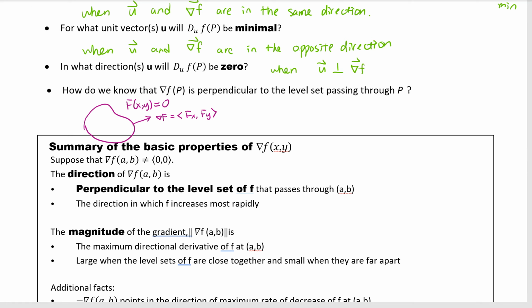Let's say the curve goes this way, and this is the tangent vector v. To show the gradient vector is perpendicular to the level set, it's the same as showing that it is perpendicular to the tangent vector, because the tangent vector is tangent to the level set.